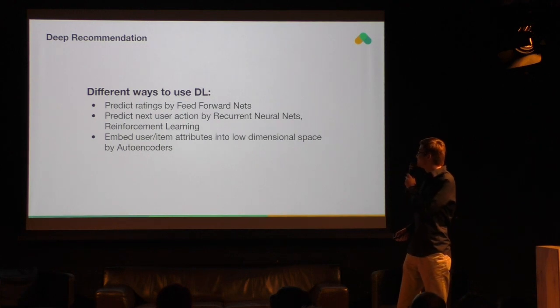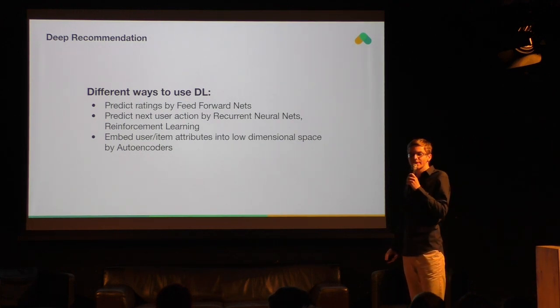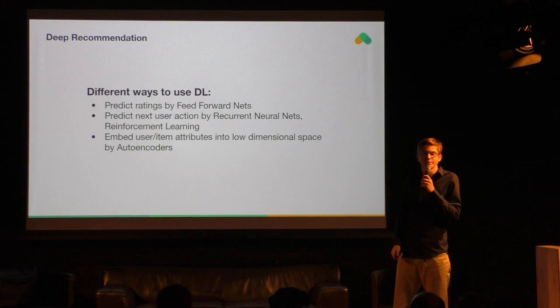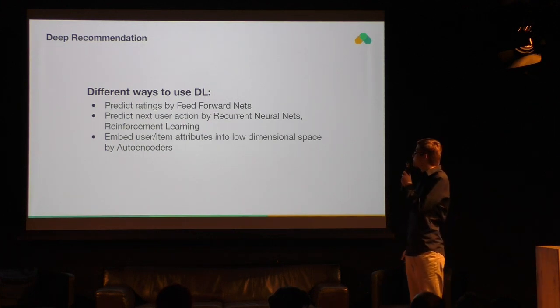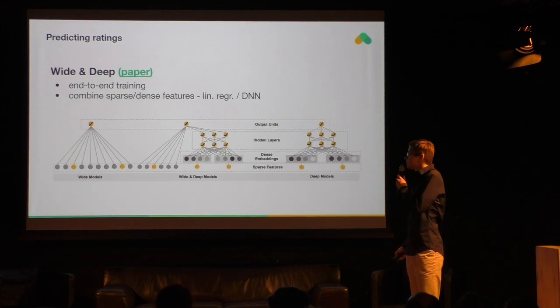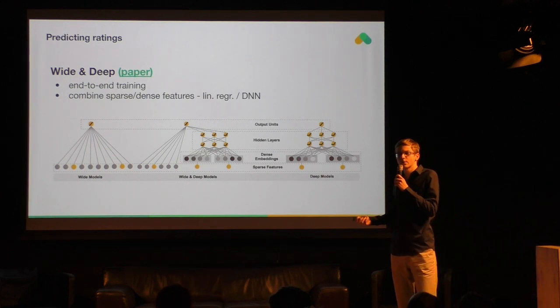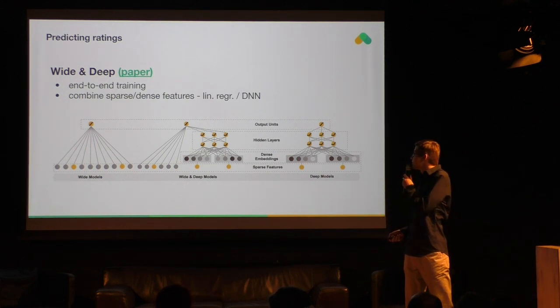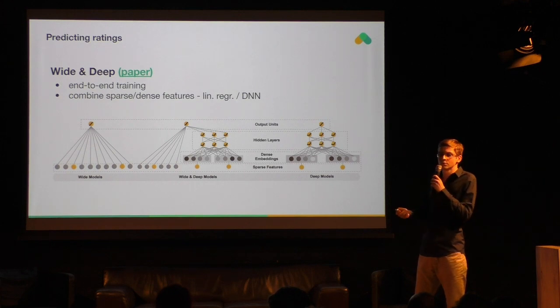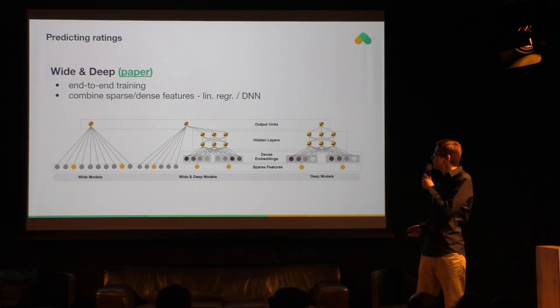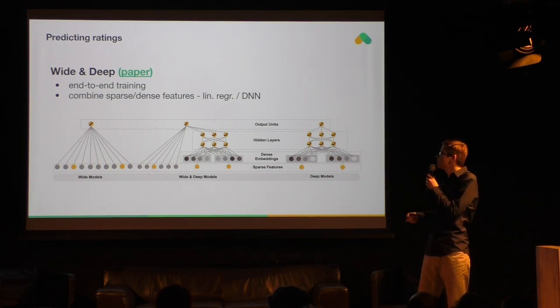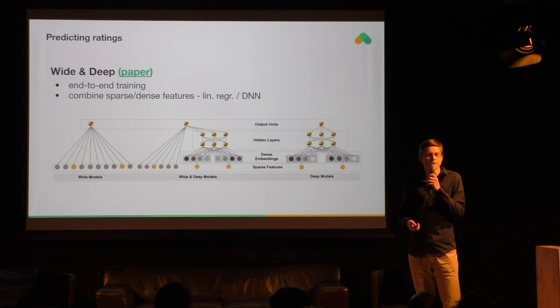Okay, so there are multiple ways to use deep learning in recommendation because it's a very wide field. We'll start with something simple, which is predicting ratings. Basically, it's a feed-forward neural network that gets some information, also called features, of items and users. Let's say one item and one user, and it predicts the rating, meaning how this user will like this item.